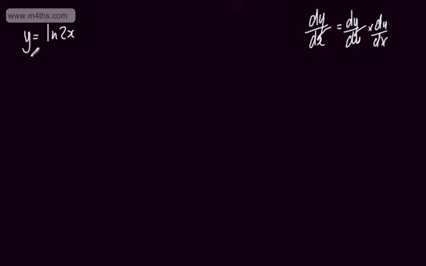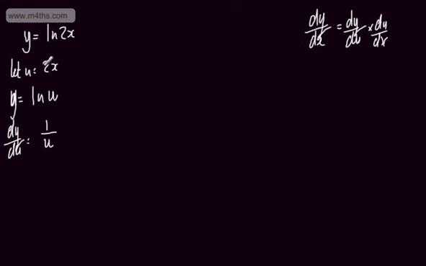So we can say at this stage, let u be equal to the inside function. So we've got the natural log of x, which is the outside function, 2x, which is the inside function. We can say that now y is equal to the natural log of u. dy by du, the gradient function for y with respect to u, will be the derivative of the natural log of u. We've seen that will be 1 over u, and that's our standard result.